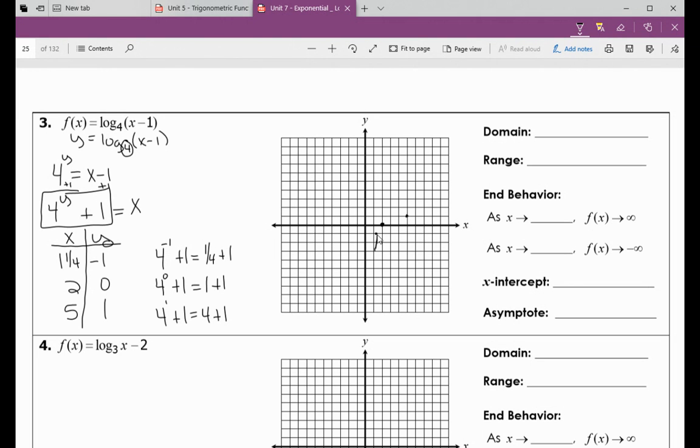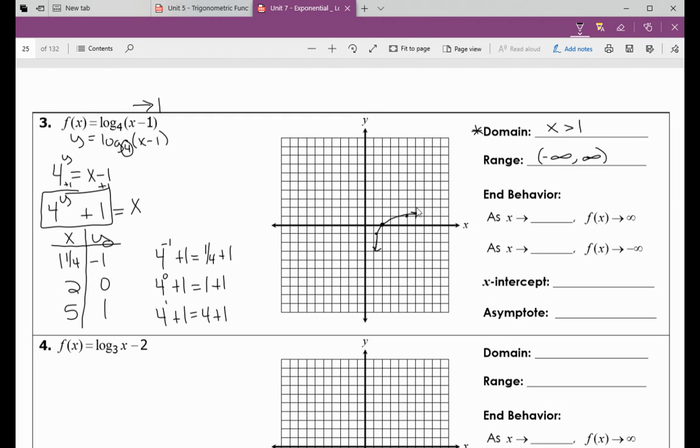Now, things change when you shift to the left or the right. So your domain will change. Whatever the movement is, it changes. So we are moving one place to the right. So my domain is all numbers bigger than 1. My range is still all real numbers.